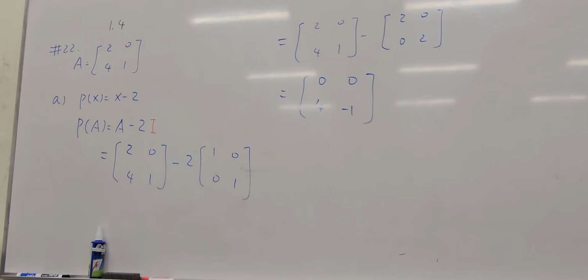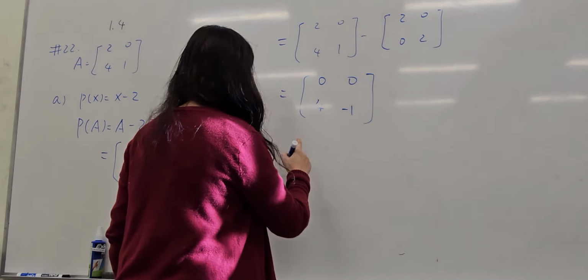And the last problem will be number 40. Oh, one more property. There's one more property I want to show. Earlier I showed you 3 of them, right? 3 properties.